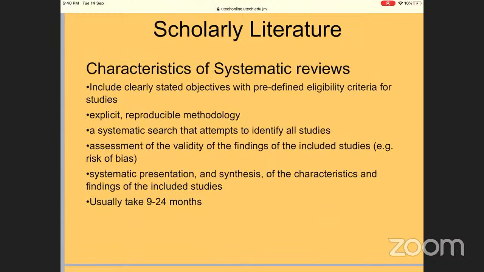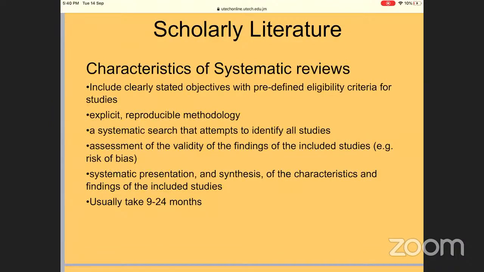So the systematic review states objectives with predefined eligibility criteria. It has a clear methodology which anybody can reproduce who wants to do a similar systematic review. It actually indicates the keywords that are used to identify all the studies. Then it determines if the studies are of excellent, moderate, or high quality.